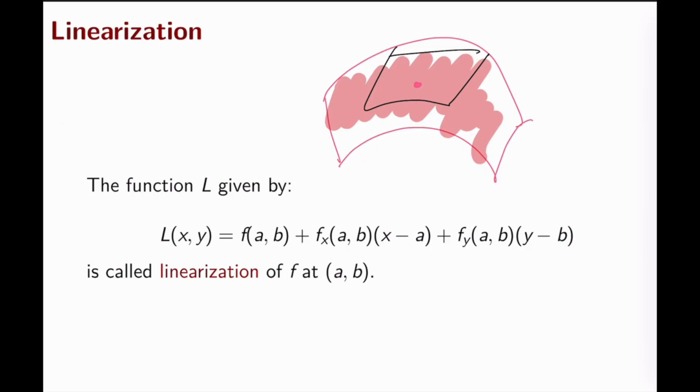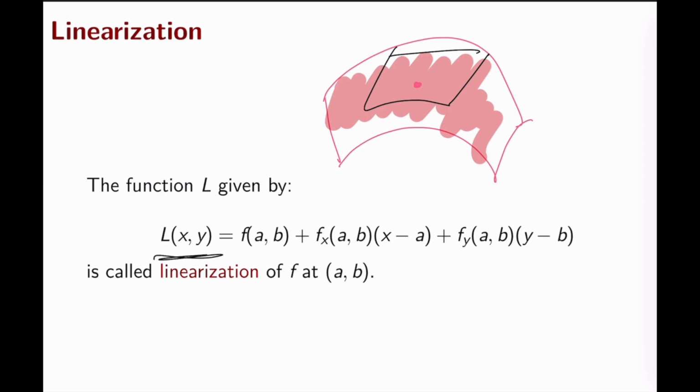So then we will have an approximation to the surface by a plane, meaning an approximation to a complicated function by a very simple function that has all exponents 1. And the linearization is very familiar if you remember the linearization for functions of one variable.